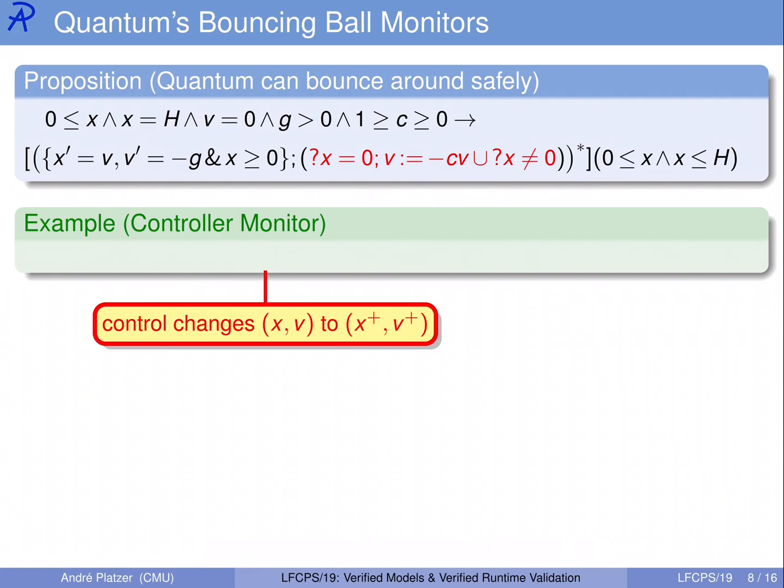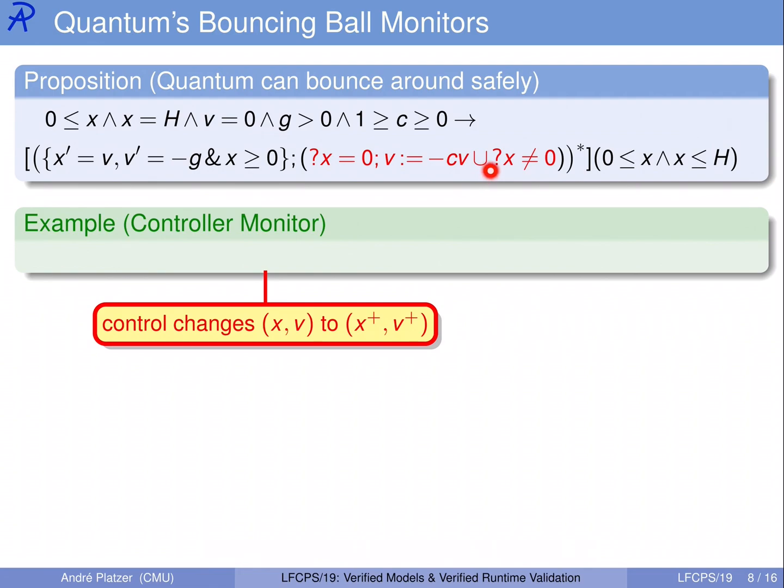The controller will go from old position and velocity to new position and velocity, and we'll have to develop a logical formula that tells us which change from old data to new data is compatible with what this controller said. And that's actually very easy, right? This controller has two behaviors that are combined by nondeterministic choice.